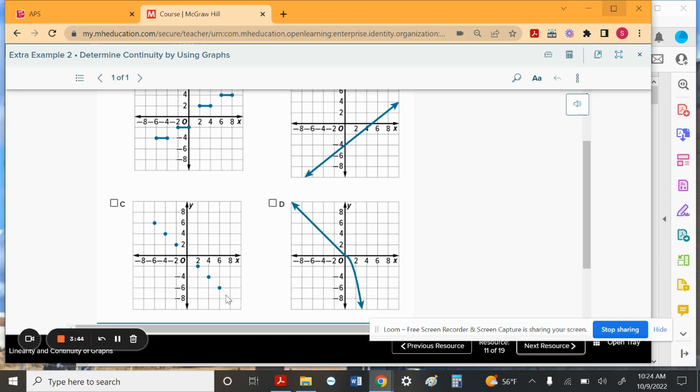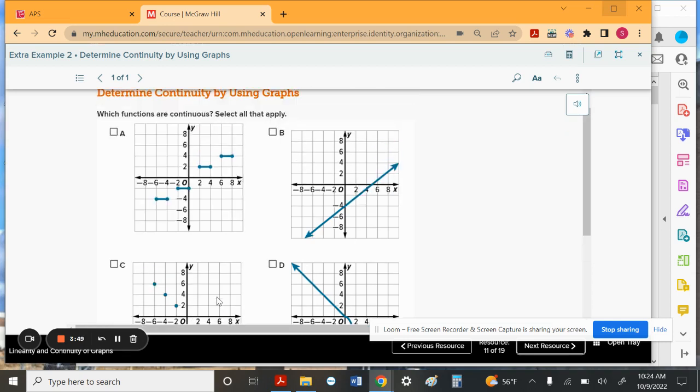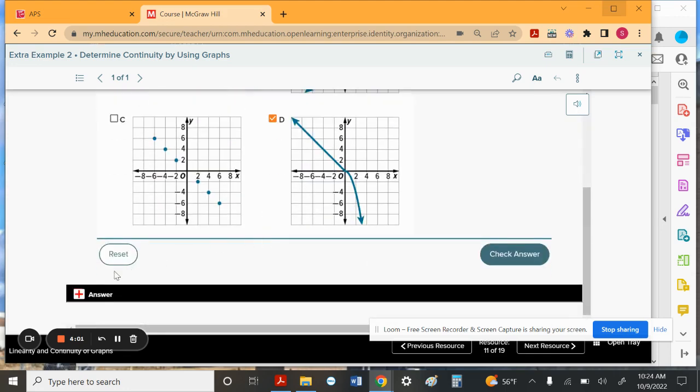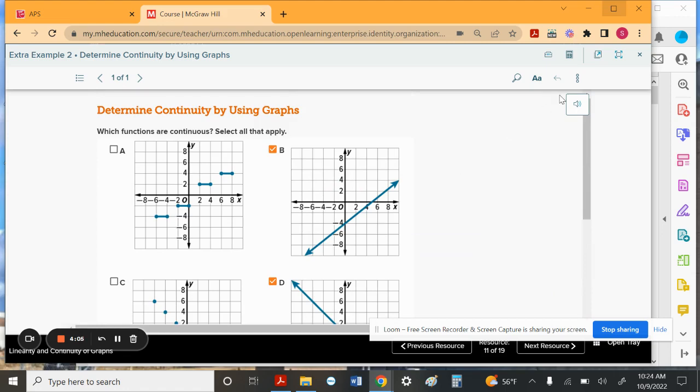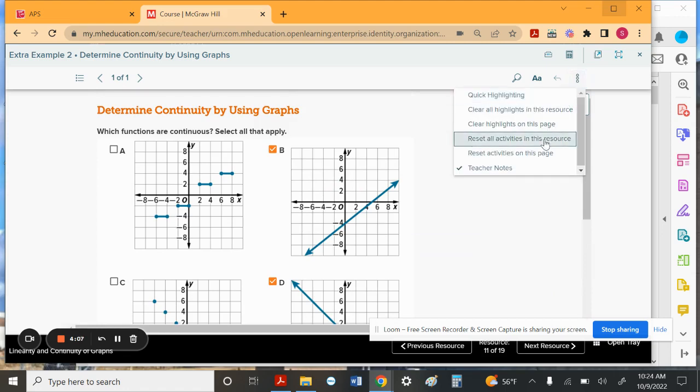These points here are not connected at all, so this would be discrete. And then these have lines and are broken, so this is neither. So I would say that it would be B and D are the two, and that's what we get, B and D. Okay, let's move on.